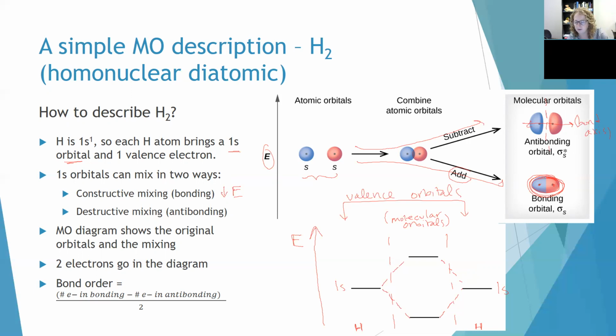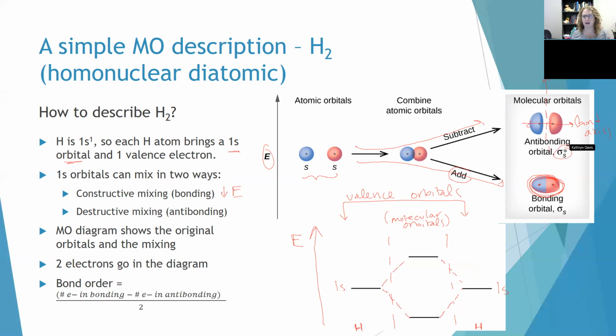And this perpendicular line here is called a node. There's blank space where we change from one sign from positive to negative, is the way that we think about it in quantum mechanics. But you notice that it divides the electron density into two sides. The presence of nodes is always a little bit or a lot destabilizing, depending. And so we call that an antibonding orbital.